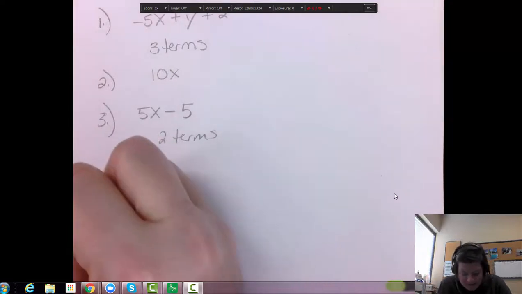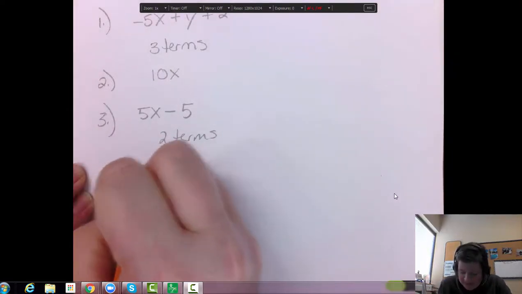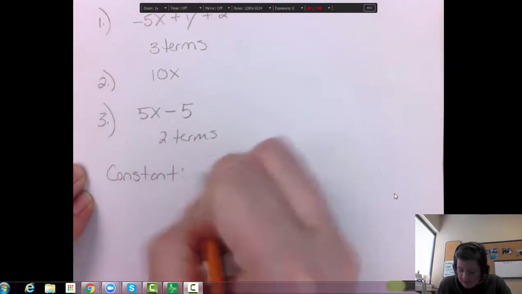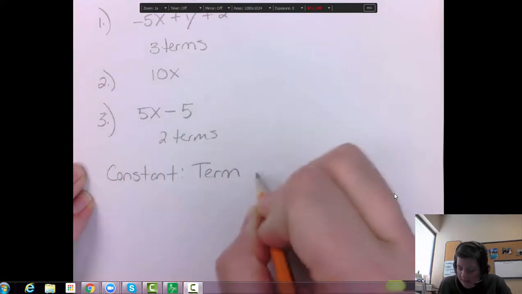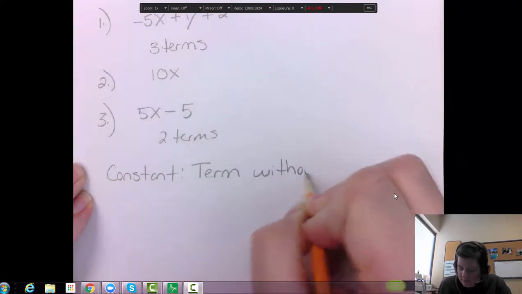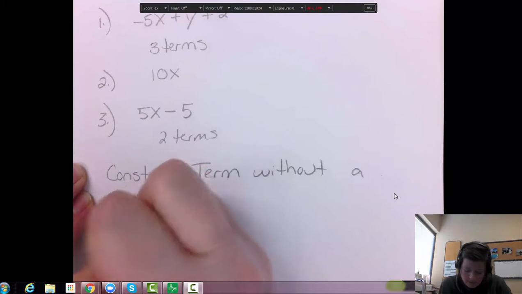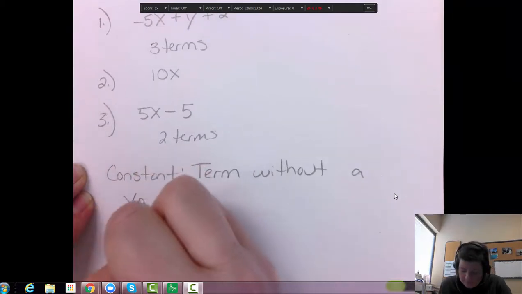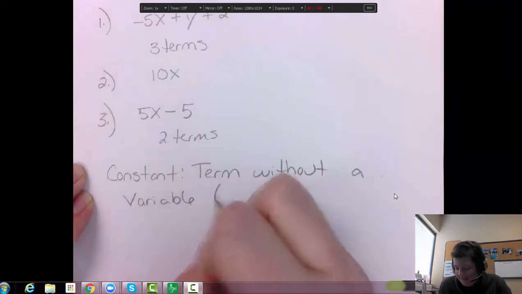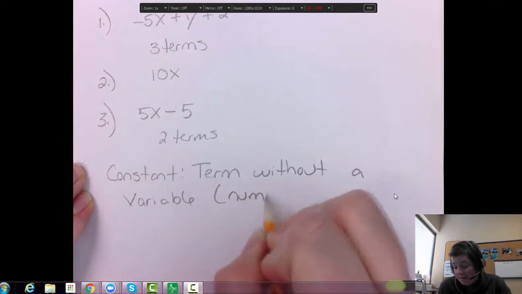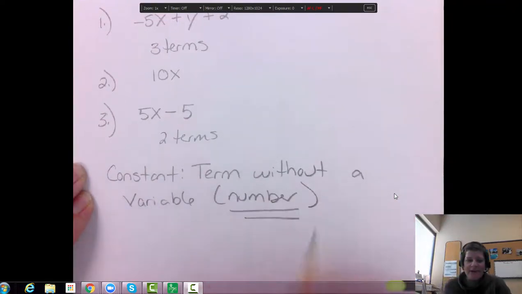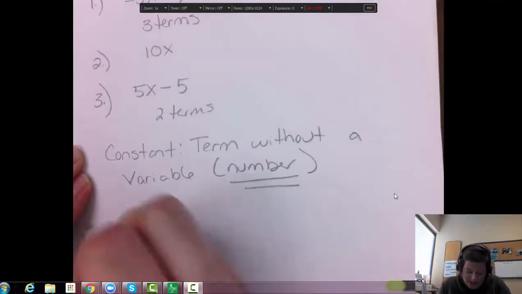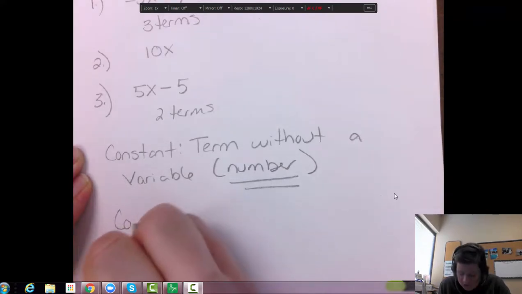So we could write that definition out. They call it a term without a variable, but I like to say it's a number. So a constant is a number. The other word you're going to hear is the coefficient.